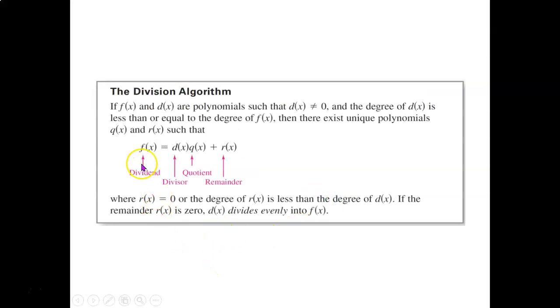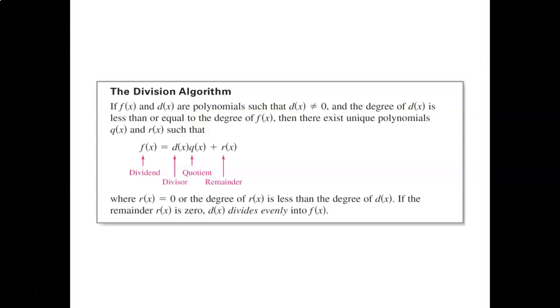So terminology: the big function that you started with is the dividend. Then you were dividing that by the divisor, and the result is the quotient, and if the division doesn't come out even, then you have a remainder.